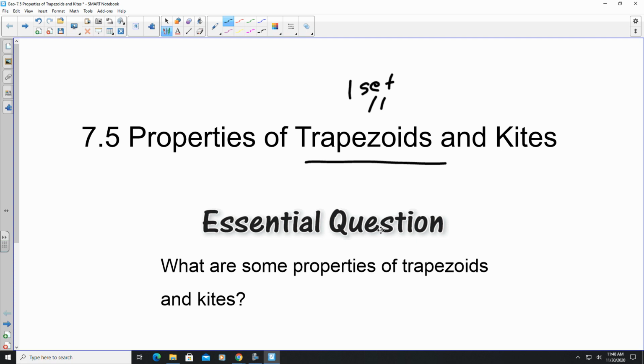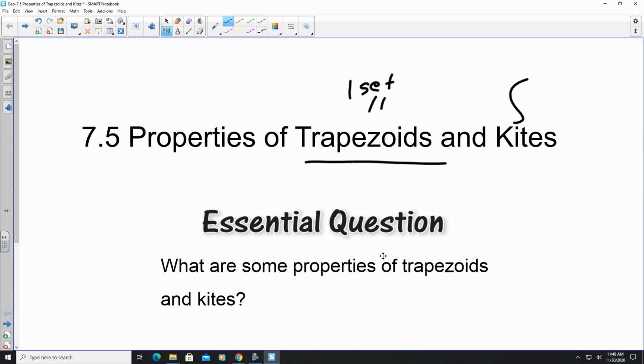And kites have two sets of congruent sides, but unlike a rectangle or a parallelogram, their two congruent sides are consecutive sides.